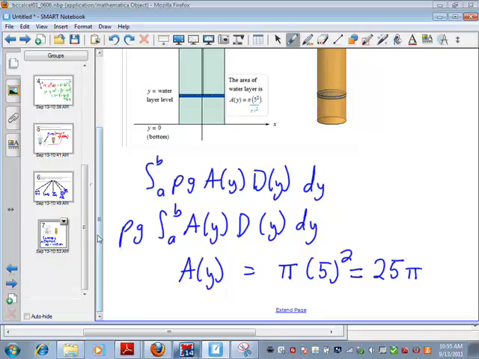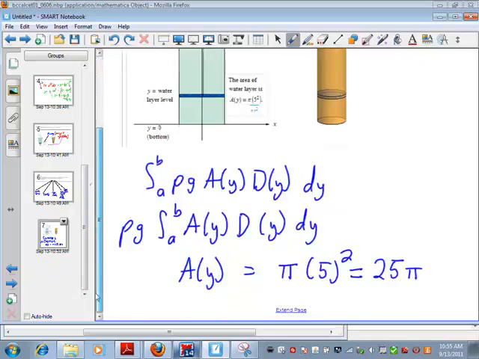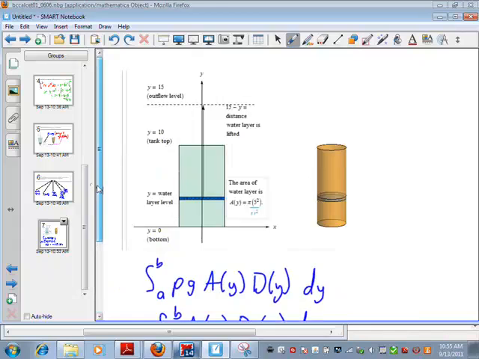What distance do I need to drag it out? This is level y. The whole thing's 15. I'm y units up. The distance left to drag it out is 15 minus y. So you pick a y, and you need to pull it the rest of the way. So it's 15 minus y.